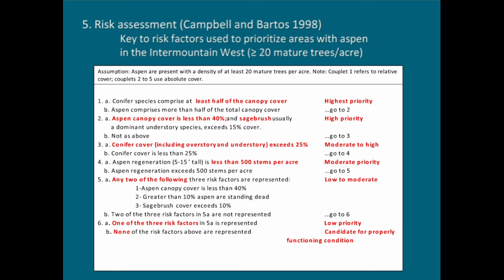And they go down: high priority, sagebrush presence; moderate to high priority with at least 25% conifer component, less than 500 stems per acre, so is it regenerating? And then any combination of these risks down to a candidate for properly functioning condition. And I'll refer back to these later in the presentation.